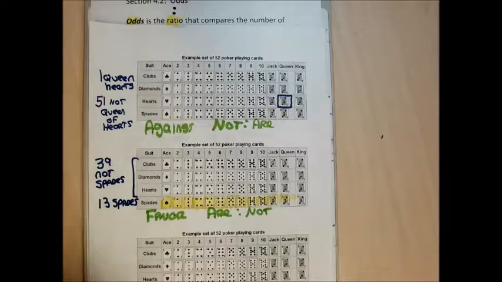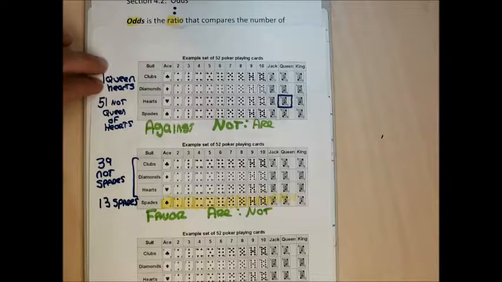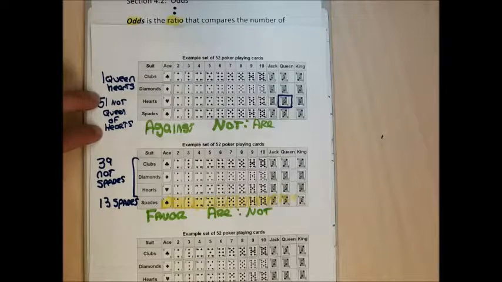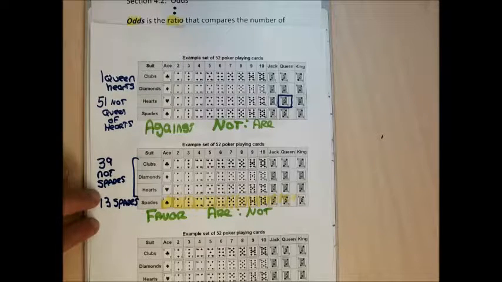So the only difference between odds against and odds in favor, after you separate the sample space into two groups, the group that has the desired characteristic and the group that doesn't, is that odds against has first the group that doesn't have the desired characteristic. Odds in favor has the group that has the desired characteristic first.